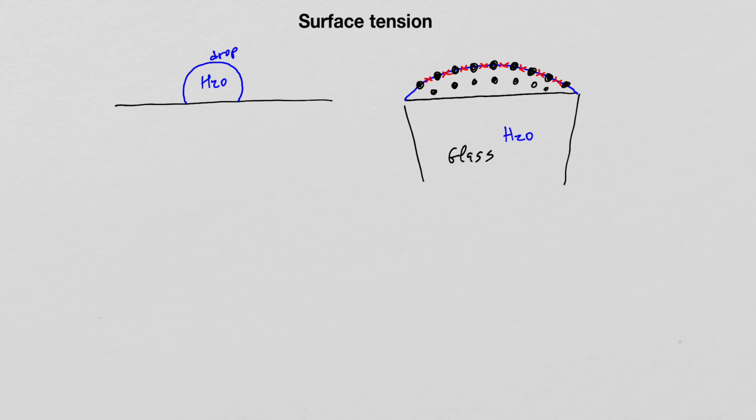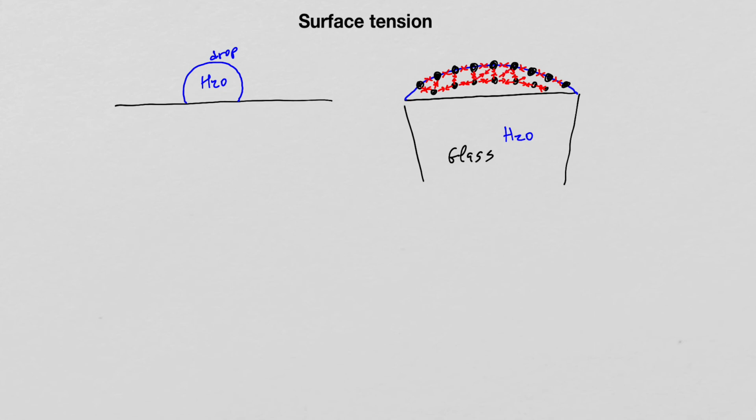So they will then attract the surface layer as well as they will attract each other. And so these attractions produce this sort of a net of all these attractive forces that connect all the molecules like this.